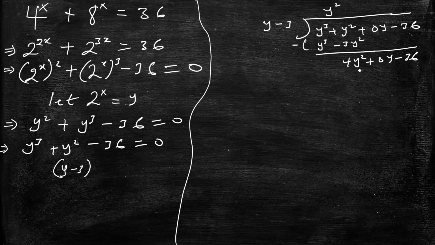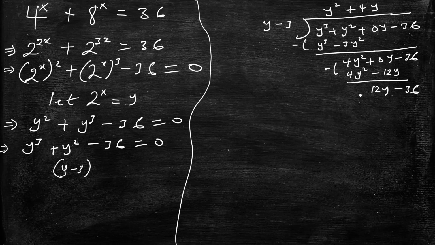Now y into 4y squared will be plus 4y. 4y times y is 4y squared, and 4y times minus 3 is minus 12y. This minus that goes to 0, and minus minus gives 12y, minus 36.